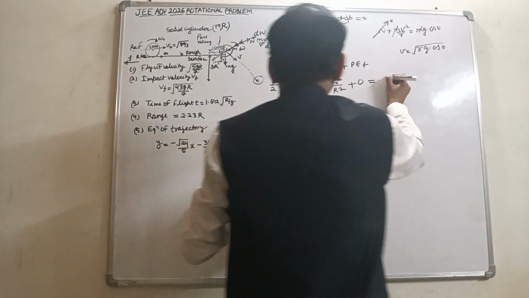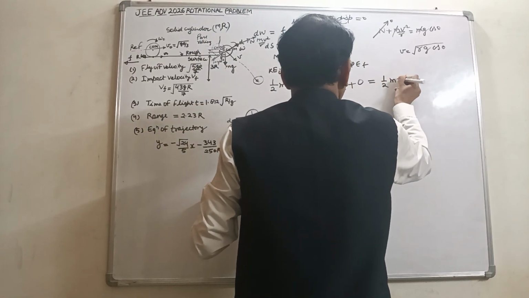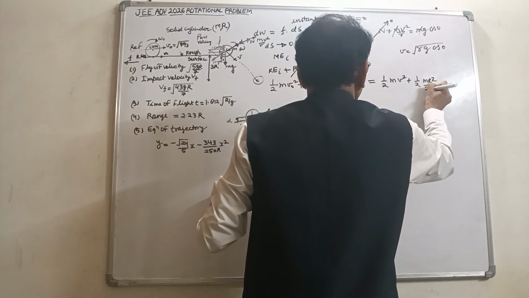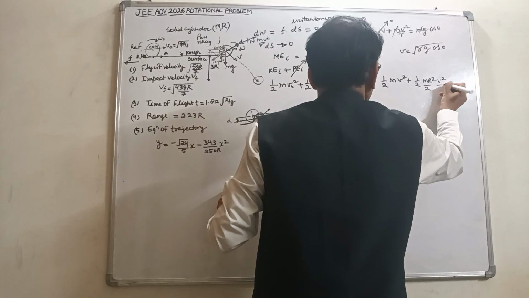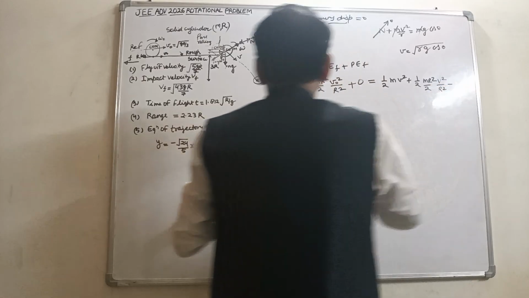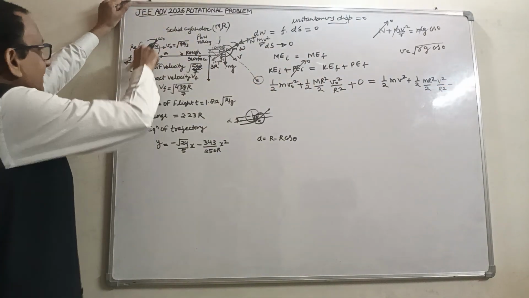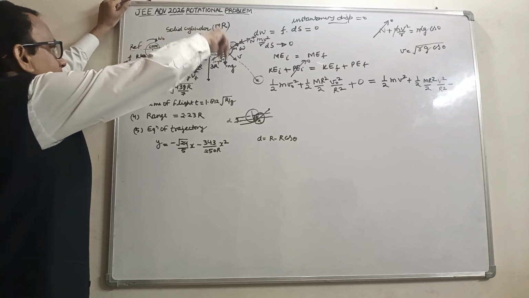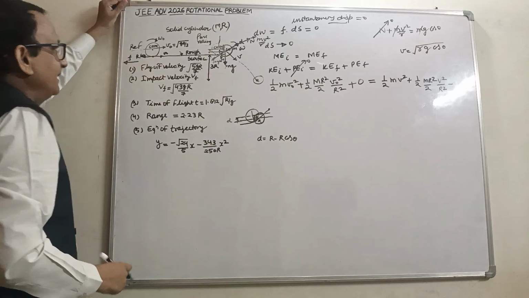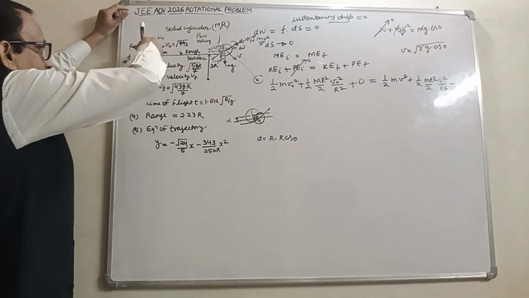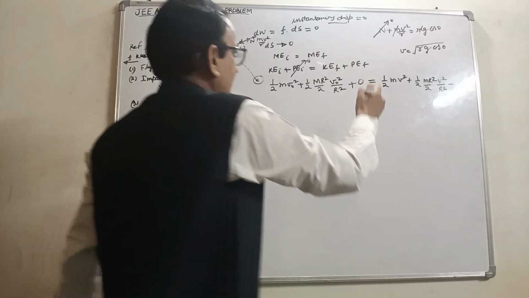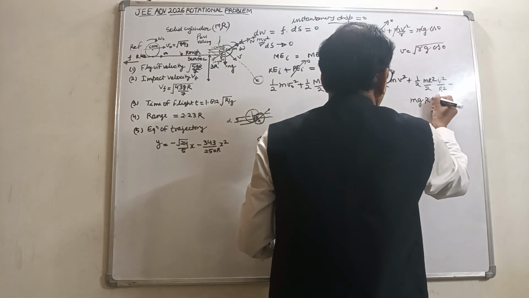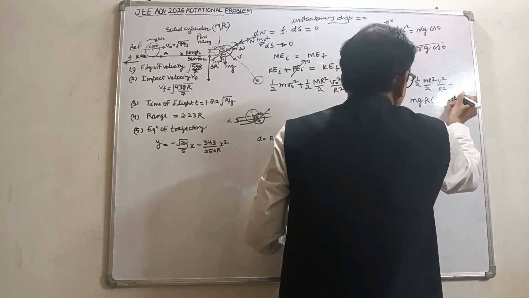The final kinetic energy would be half mv square plus half, mr square by 2, v square upon r square, plus the potential energy, which is decreasing in the negative j direction. So this potential energy would be negative, mgr times 1 minus cos theta.